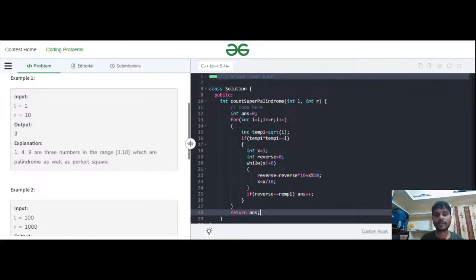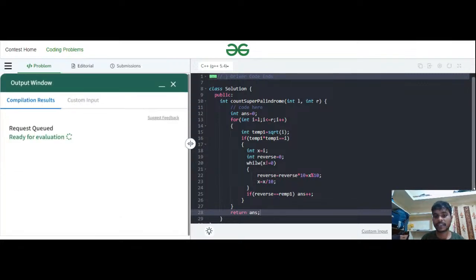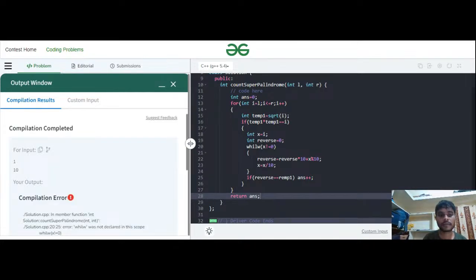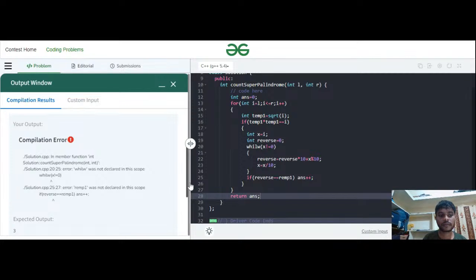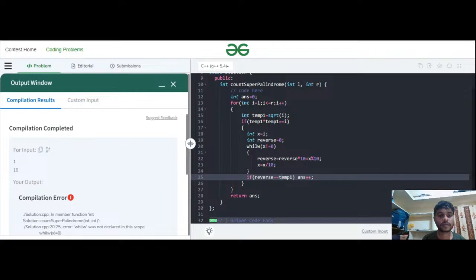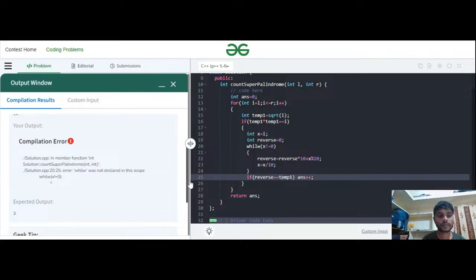But what happened is, if we check this, we got the wrong answer, because we wrote remp1 where we should use temp1. It is temp1. While typing, we made a spelling mistake.